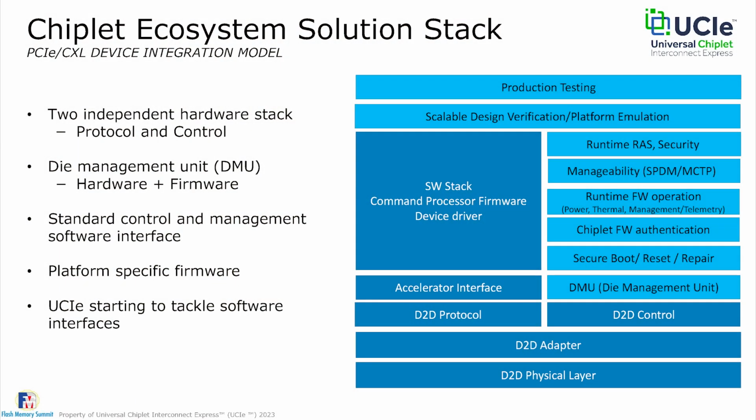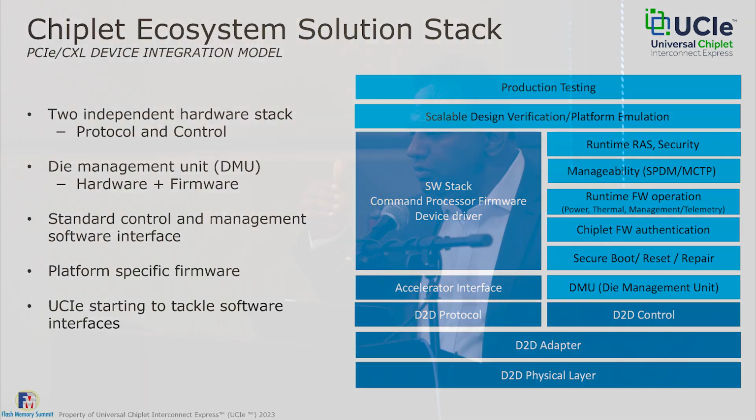On the top, we have the scalable design verification, right? We need the CAD houses to be able to emulate this platform. It's going to be extremely critical, more so than before, to at least co-simulate in some way before the chip gets manufactured, because otherwise mistakes can be very expensive.